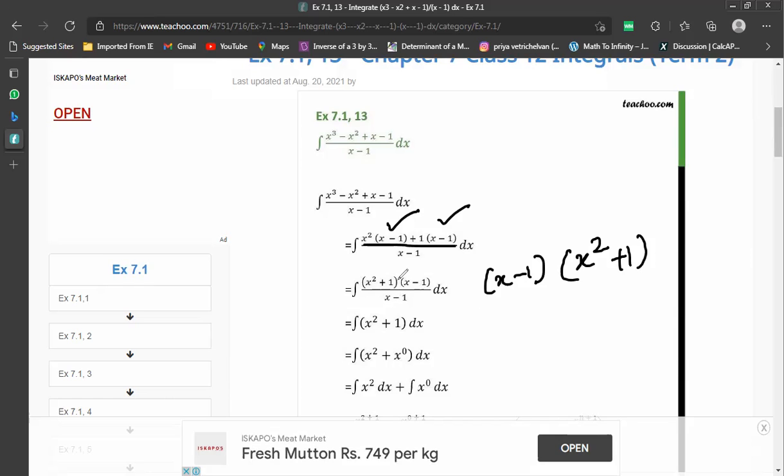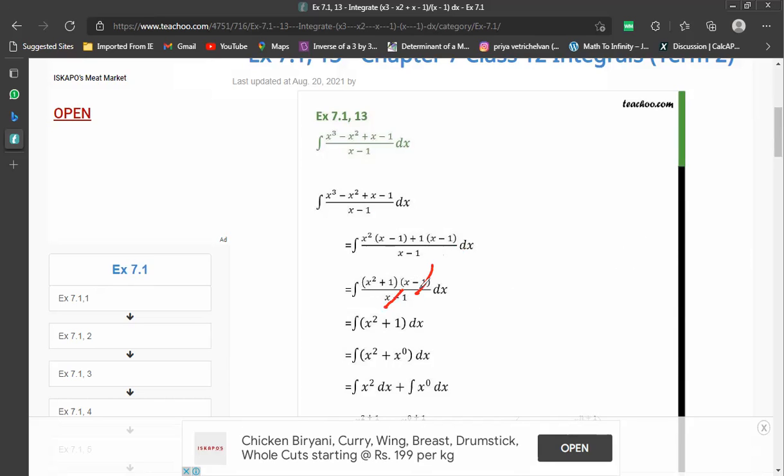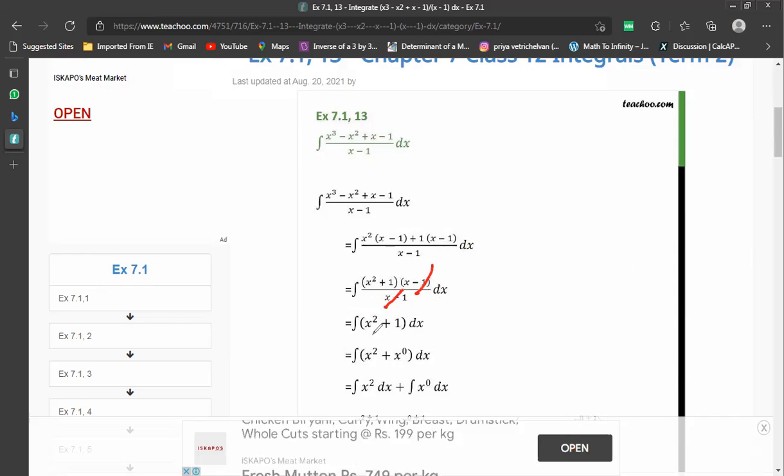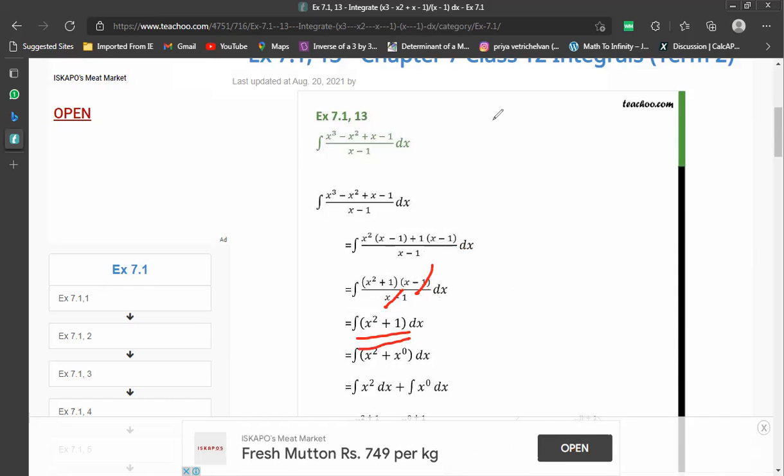So x square plus 1 into x minus 1, upon x minus 1. We are doing this just to simplify so that you can cancel out the x minus 1 present in the denominator as well as in the numerator. So x square plus 1 is the simplified expression.